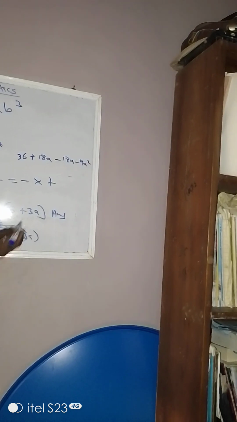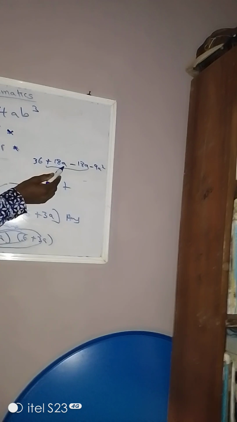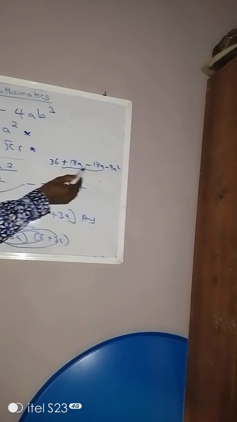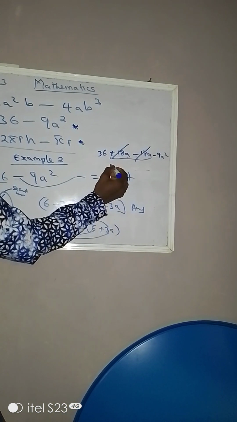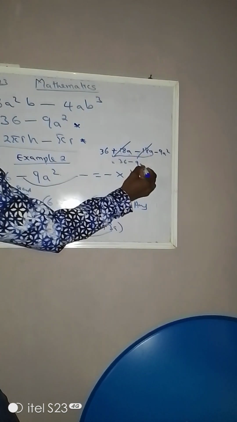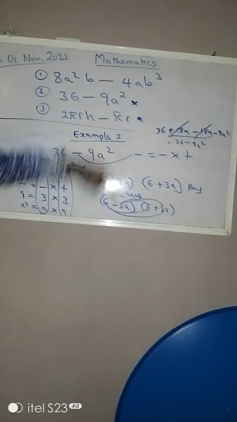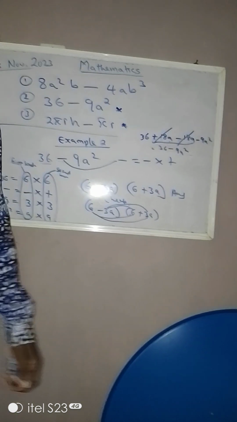So now you are holding, this is the bar concept. From year to year we call it bar concept. You have plus 18a and minus 18a, so when you sort it out, you are not holding anything. So we are left with 36 minus 9a squared. That's it. Thank you, guys.